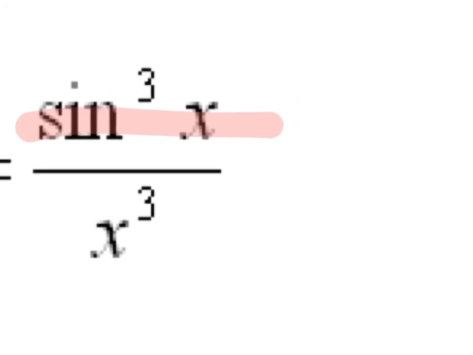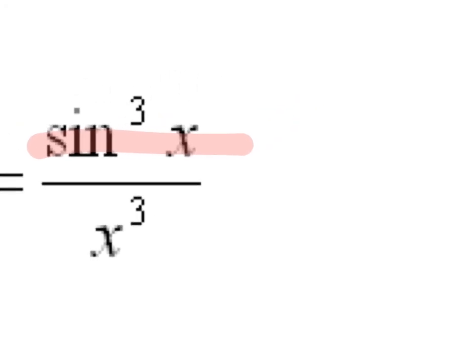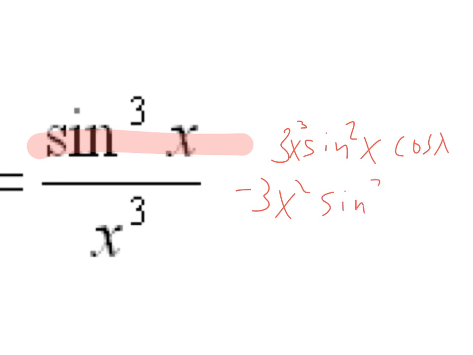This one right here is chain rule. So derivative of the top would be 3 sine squared of x times the derivative inside, which is cosine of x. And then we have x cubed, leave the bottom alone, minus 3x squared, and then sine cubed x, divided by all that divided by x to the 6th, because x cubed squared is x to the 6th.